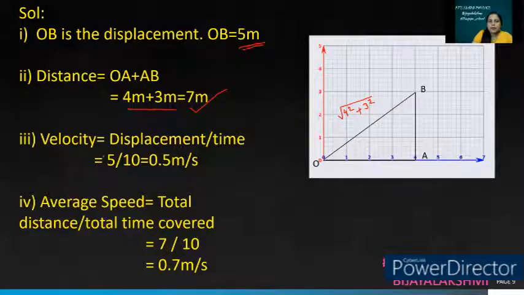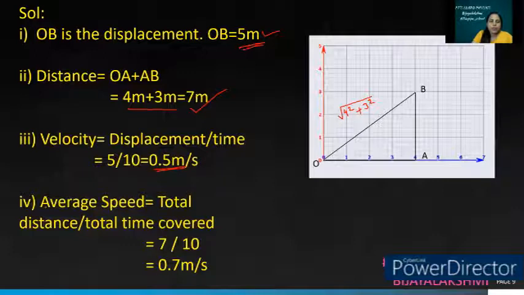Next, calculate the velocity. Velocity, as we have already learned, is displacement by time. So here we are going to take this displacement and put it here. Displacement is 5 by time taken, which is given as 10 seconds. So my answer is 0.5 meter per second.